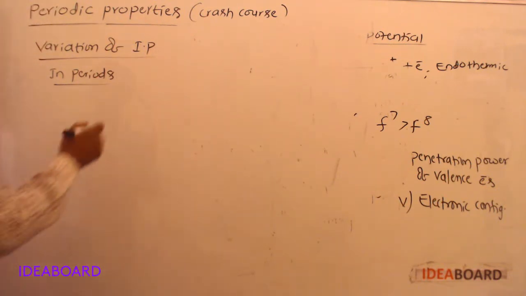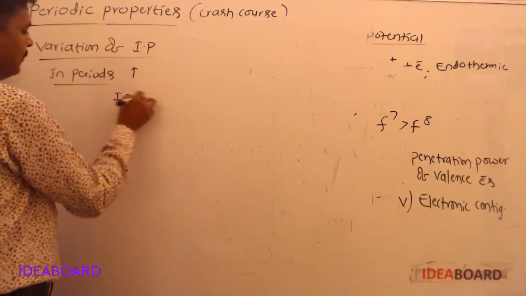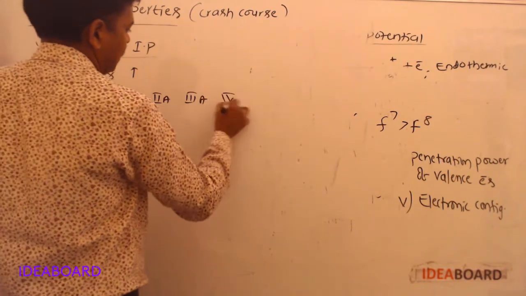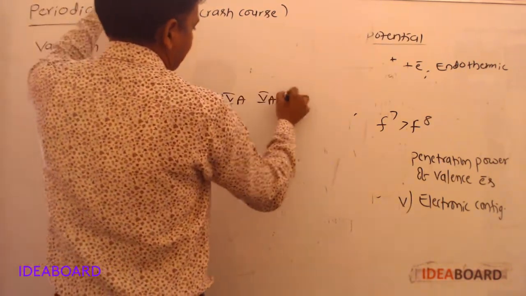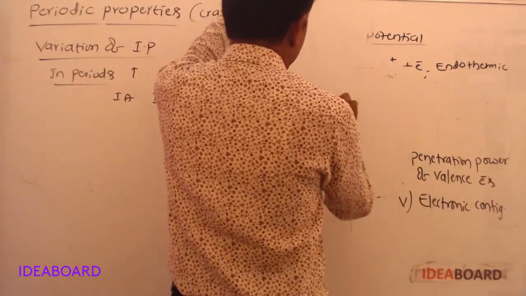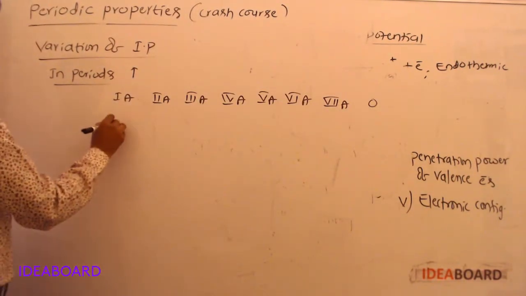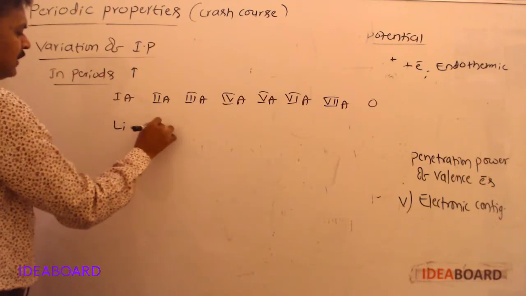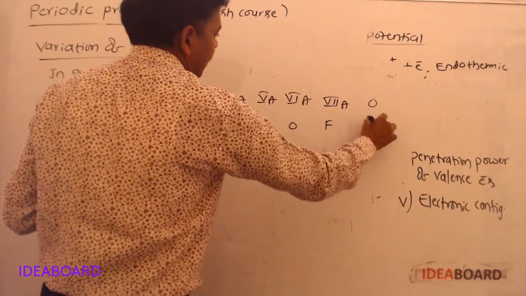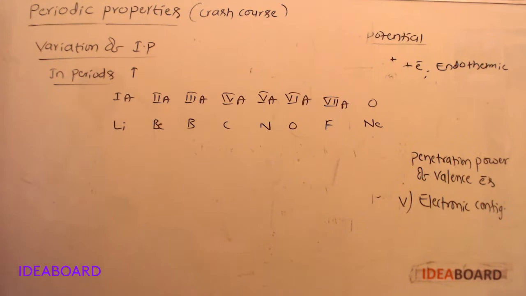Then IP increases in periods. If I take second period elements: lithium, beryllium, boron, carbon, nitrogen, oxygen, fluorine, neon, from left to right IP increases.